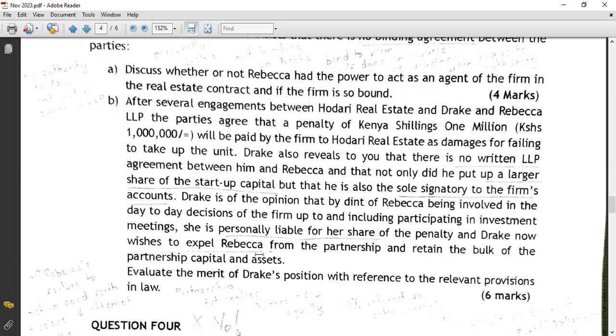So there are two controversies here. She wants her to be personally liable for her share. The partnership pays 500,000 and the year pay 500,000. And also she wants to expel. Unaona? Yes. So these are the two controversies that the question needs you to address.